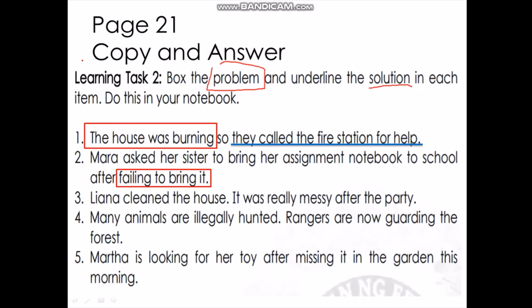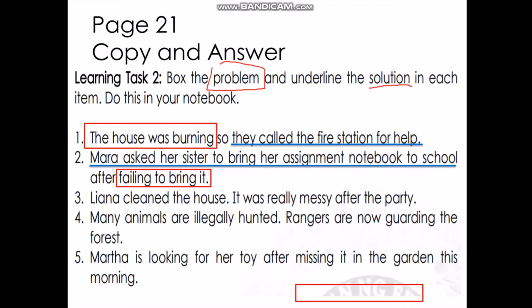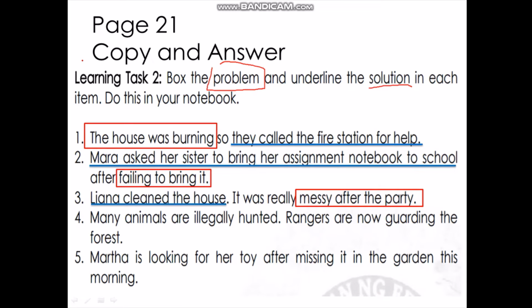Number 2, the problem was failing to bring it. And the solution, Mara asked her sister to bring her assignment notebook to school. If your answer is correct for the problem, 1 check. If your answer is correct in the solution, 1 check. Number 3, Liana cleaned the house. It was really messy after the party. Messy after the party is the problem, and Liana cleaned the house is the solution.